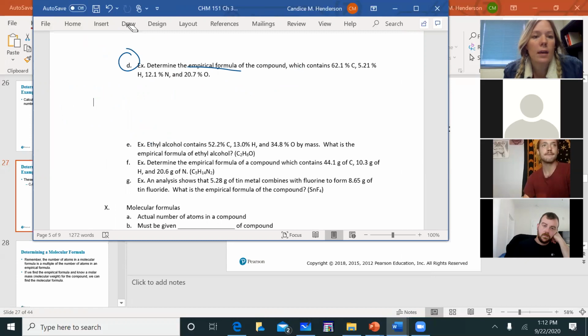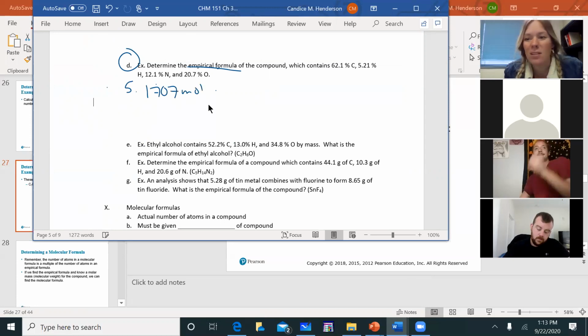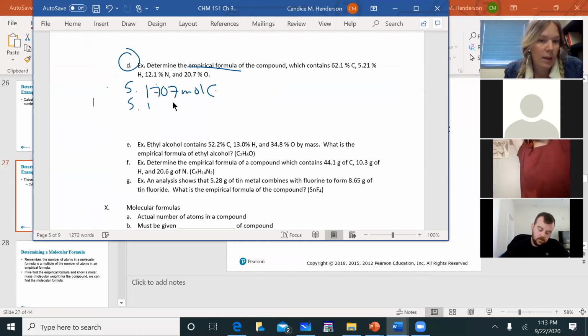So once I have divided each of those by their molar masses, I end up with 5.1707 moles of carbon. Don't round until the end. Keep all the numbers you can. 5.1584 moles of oxygen. I'm liking that these numbers are really similar to each other.